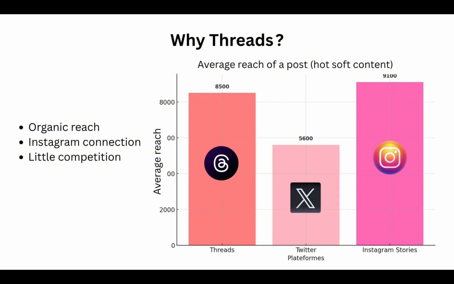Unlike a random Instagram account where a person might think, well, this is probably fake, on Threads the concept of a fake account is much less present. So people are much less on their guard, so they trust you more. This means you can push them more easily to your content platform, to your link. And as I said, little competition, so it's a bit of a blue ocean.